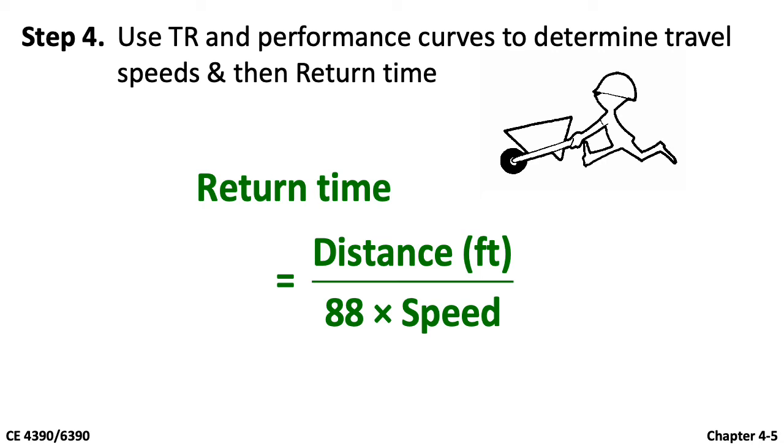Step 4, now you can use total resistance and performance curves to determine travel speeds and then return time. Return time can be calculated using the distance divided by 88 and the speed when it returns.